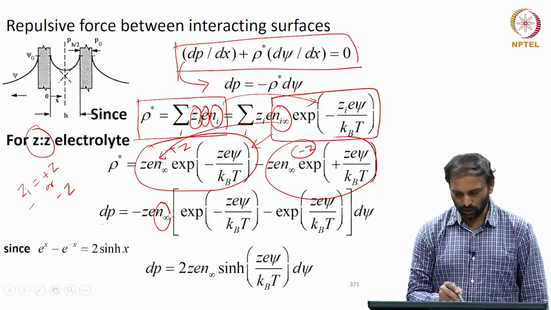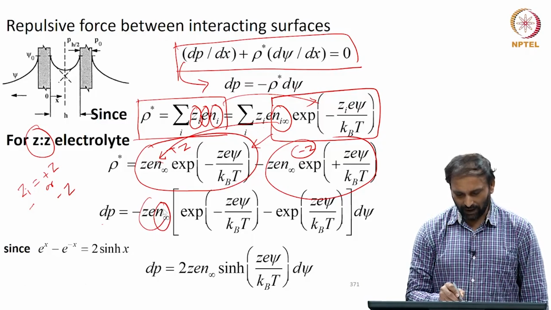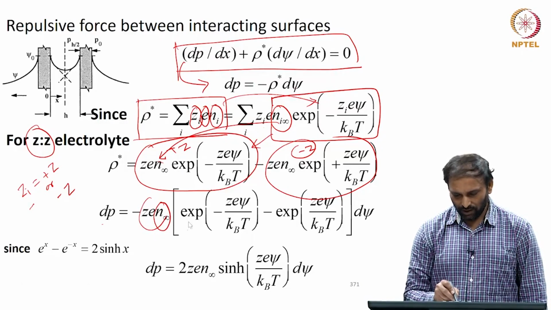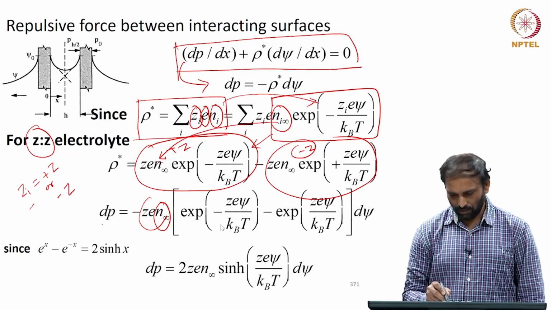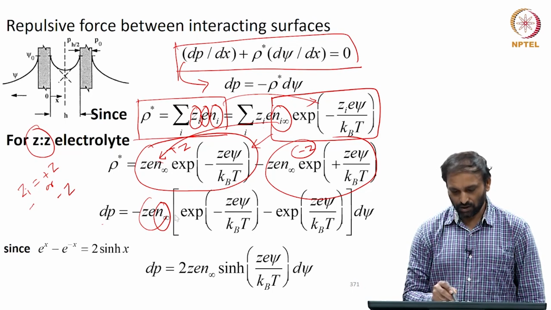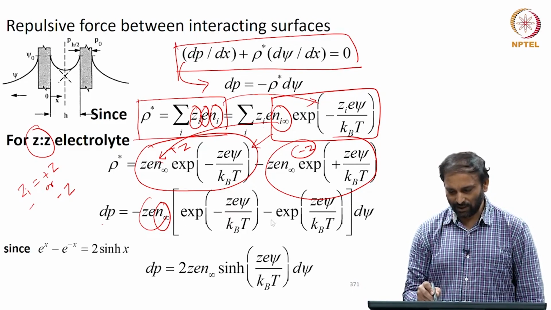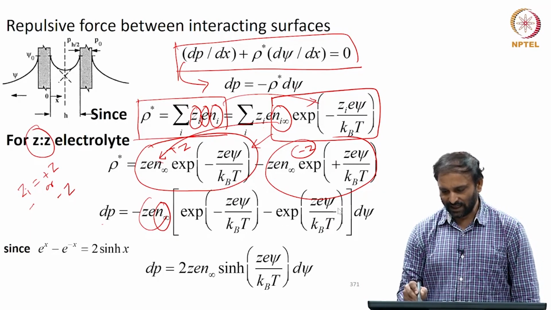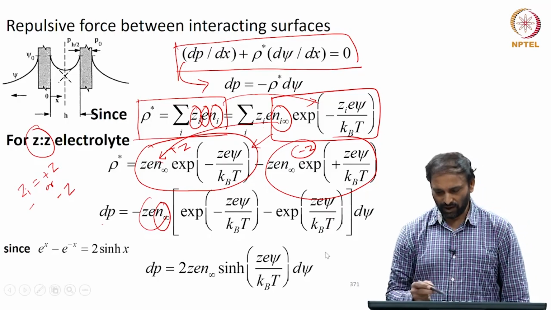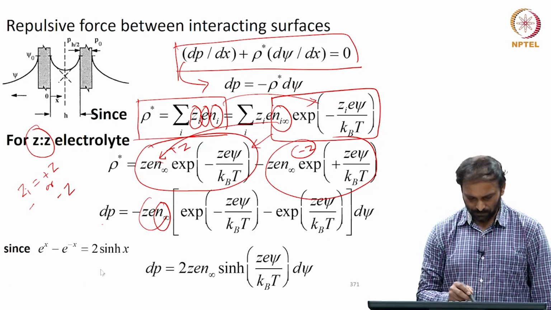So, I can take this out, that is a common factor. So, you have exponent minus Z E psi divided by k B T minus exponent of Z E psi divided by k B T. Okay. So, that is what you end up with.